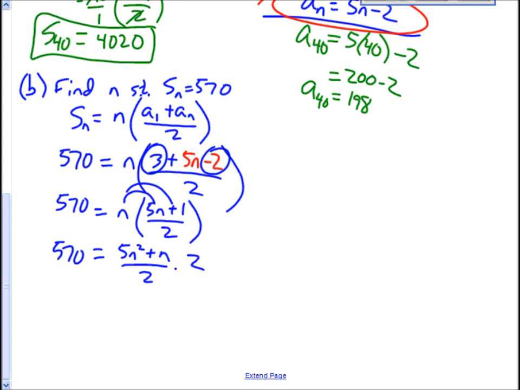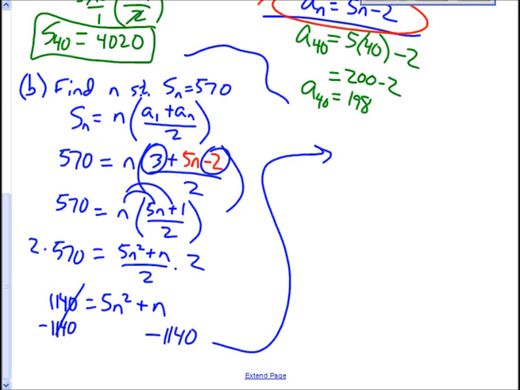Multiply both sides by 2. Let's get rid of that. So we've got 1140 is 5n squared plus n. Go ahead and subtract 1140 from both sides. And then let me bring this up over here. Okay, so we've got 0 is 5n squared plus n minus 1140.